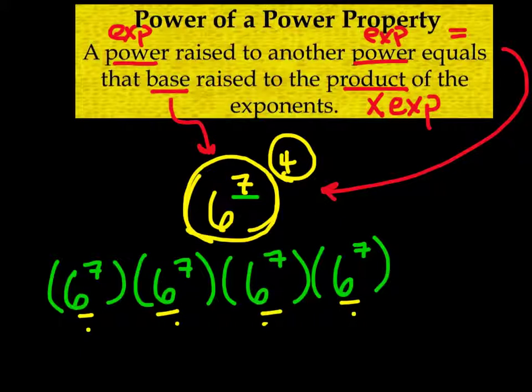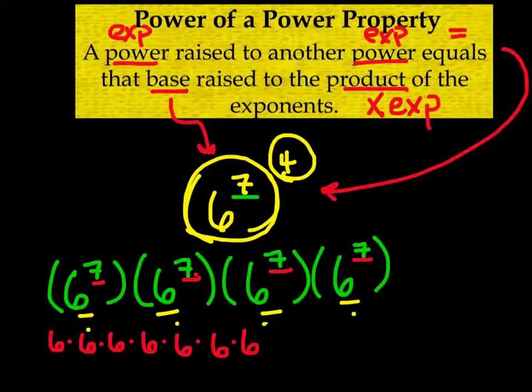Now, 6 to the 7th is essentially 6 times 6 times 6 times 6 times 6 times 6 times 6. We could do that all 4 of these times, but I'm totally not going to. What I can see here is I'm going to do this 7 times, 7 times, 7 times, 7 times.